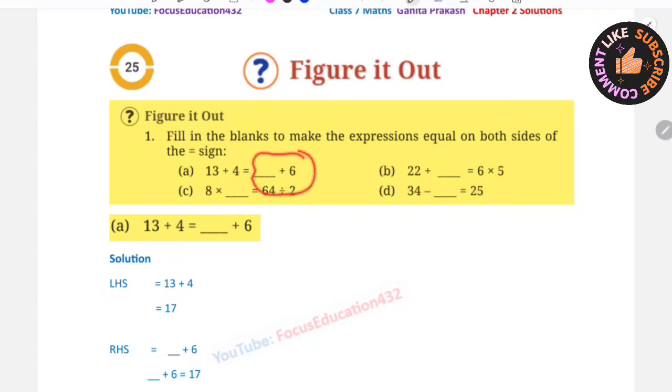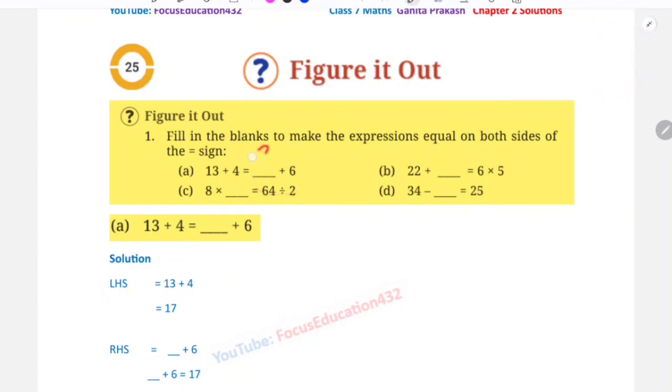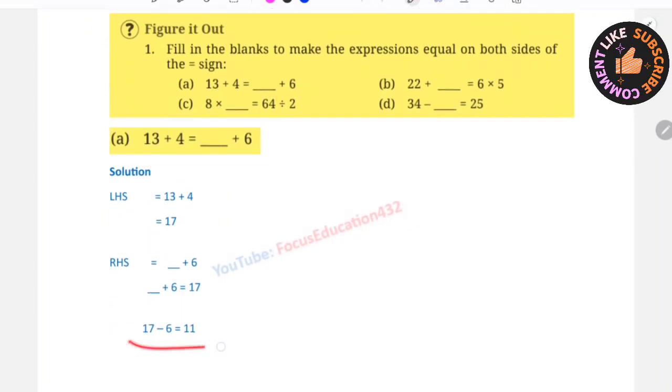Right side should also be 17, because here we are having equal sign. So 17 on the left side minus 6 on the right side, you get what? 11. So the required answer here is 11.